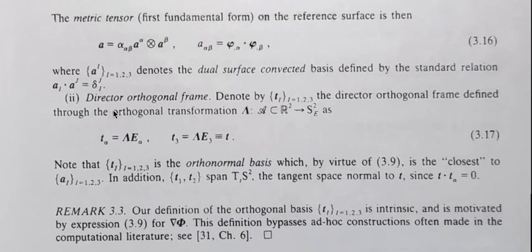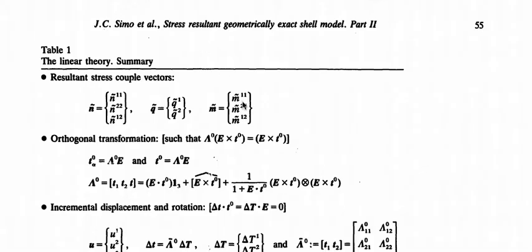About this we talked a little bit in the previous video, when we saw in part 2 of the paper series that these three are mutually orthogonal and all three are unit vectors, and they are coming from this exponential map only, and this is how they are related.